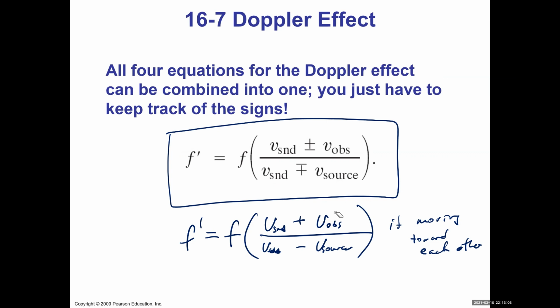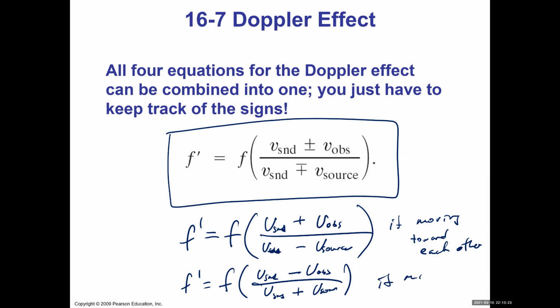You can think like this: either the observer is moving toward the source, or the source is moving toward the observer, or they're both moving toward each other. Then f prime equals f times v sound minus v observer divided by v sound plus v source. This is if moving away from each other, or one of them moving away from the other, and things like that. So this is basically for moving away from one another.